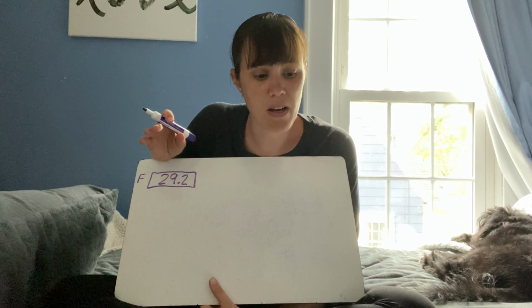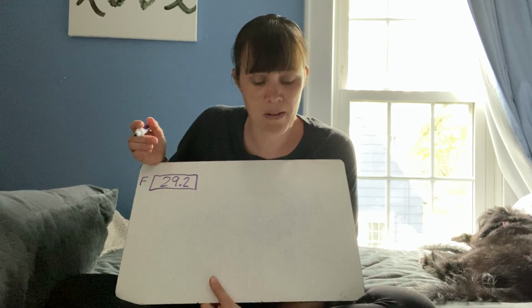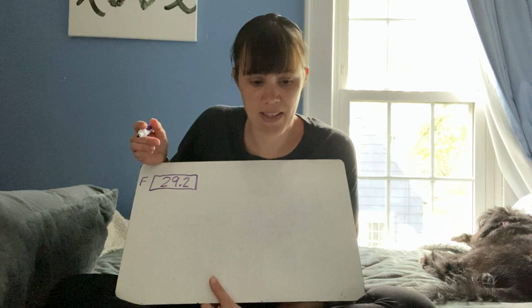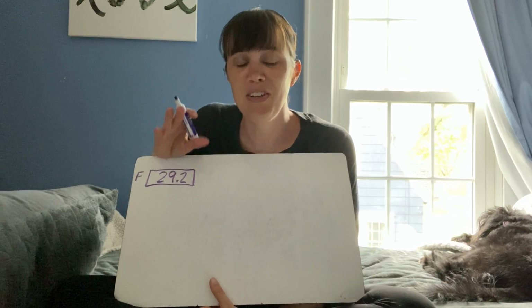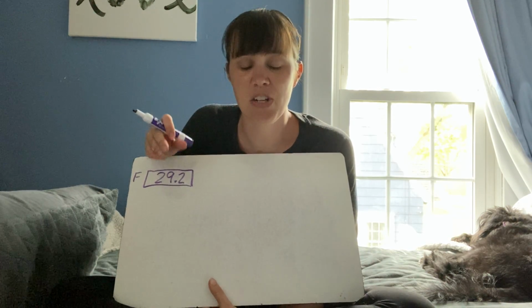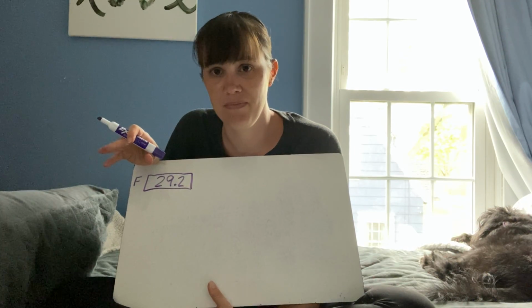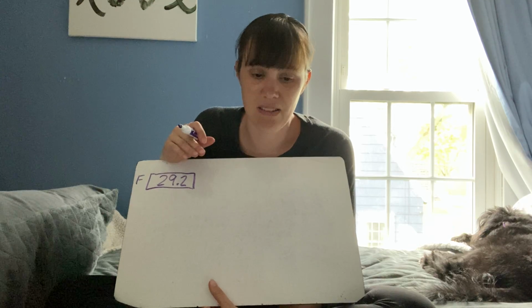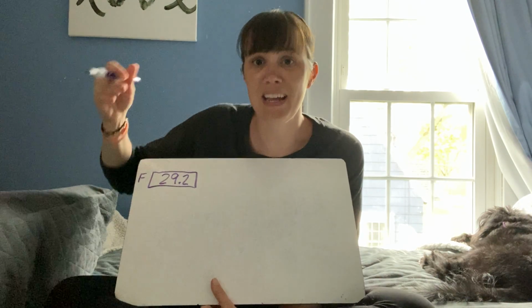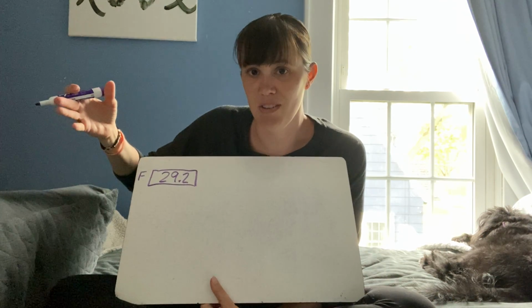The middle runner's time was 1.89 seconds slower than the final runner. So here's the key. If they are slower, you're actually adding that time. So if the slowest is 8 seconds, and the next slowest is going to be a higher number because it took them longer.